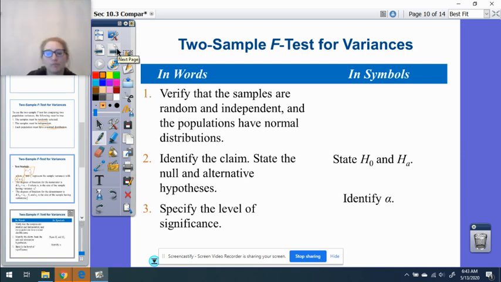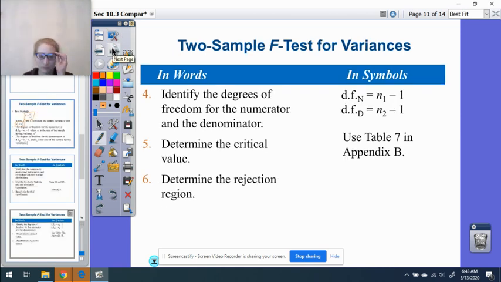All right, so first we verify that the samples are random, independent, and normal distributions. We state our null and our alternative, and specify the level of significance that we're using. Identify your degrees of freedom. Remember, the greater variance determines which one is N1.